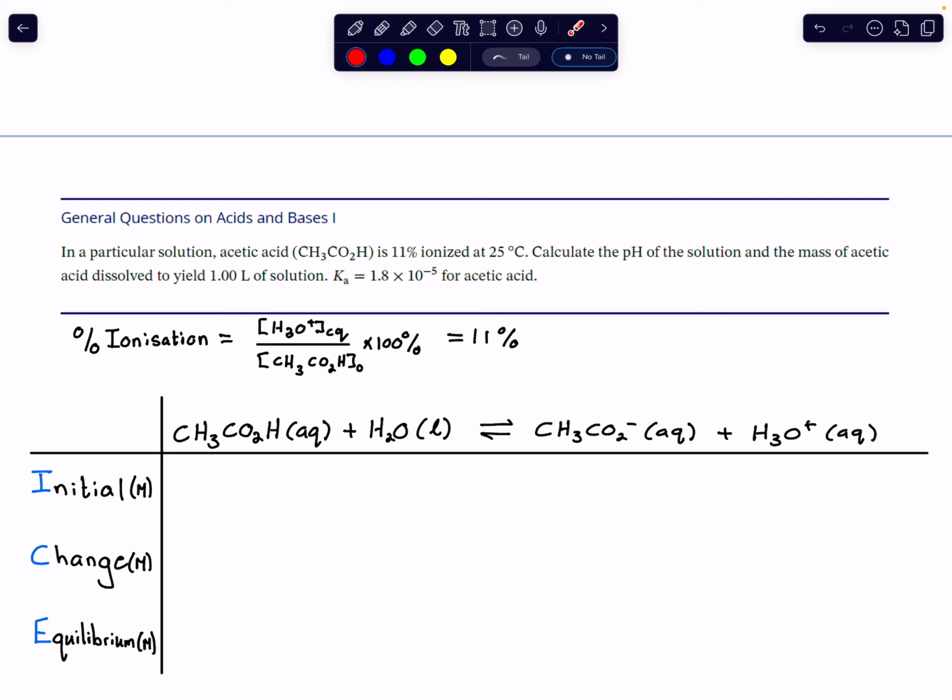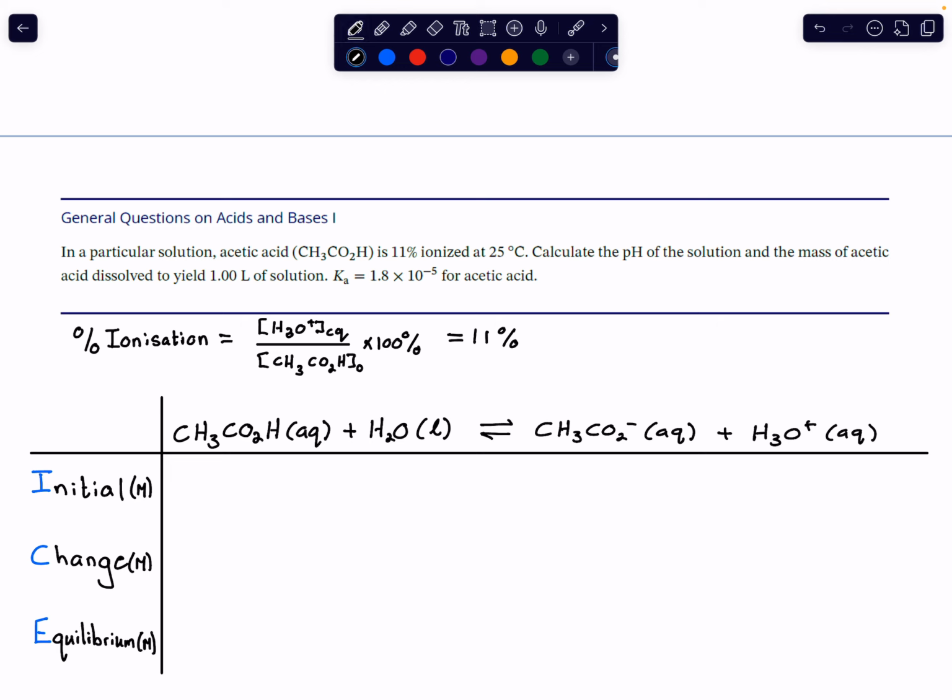This is actually giving us a ratio of the two things that we need to calculate, because we're interested in the pH, which is of course linked to the amount of hydronium at equilibrium, and we're also interested in the mass of acetic acid, and that is of course linked to the initial amount of acetic acid that we need to dissolve to make up this solution. So we're going to find that useful probably at some stage.